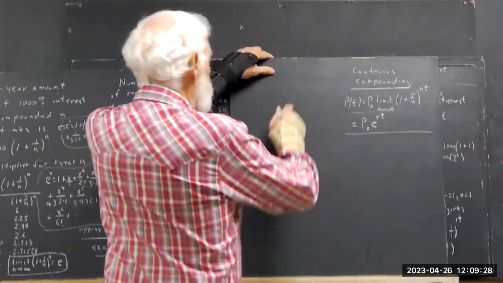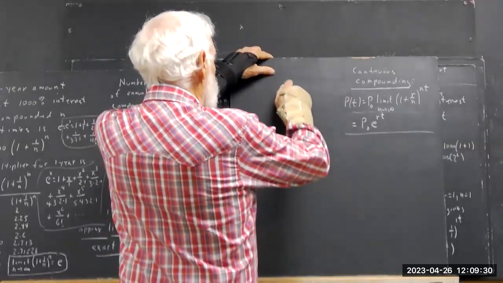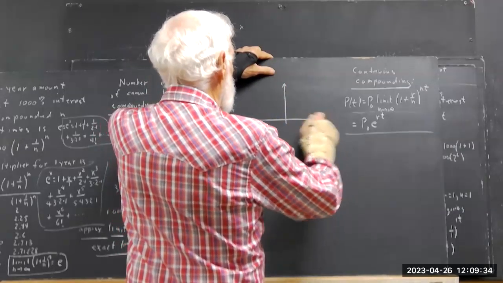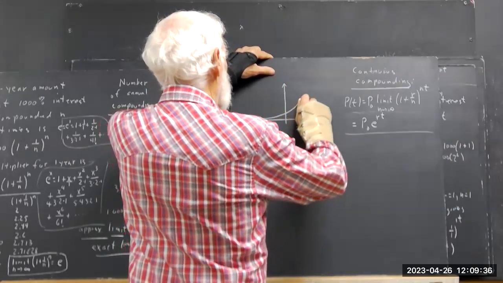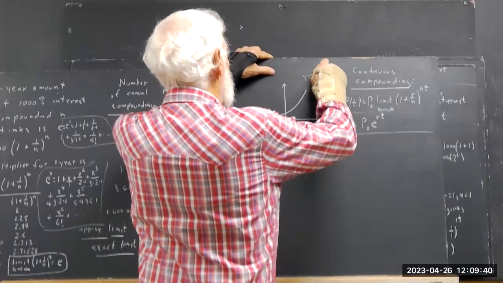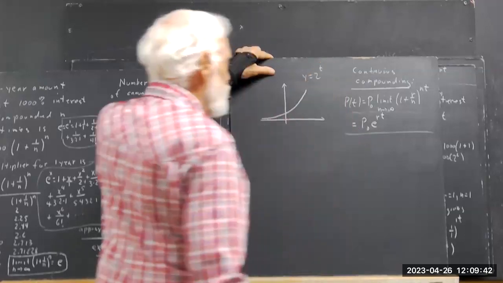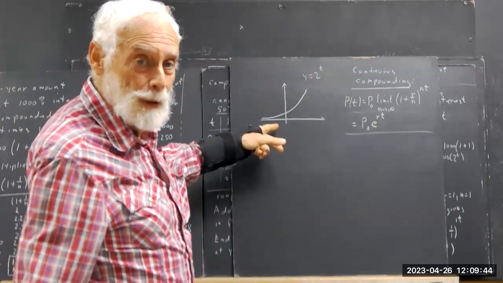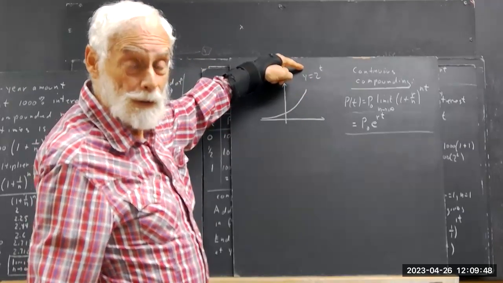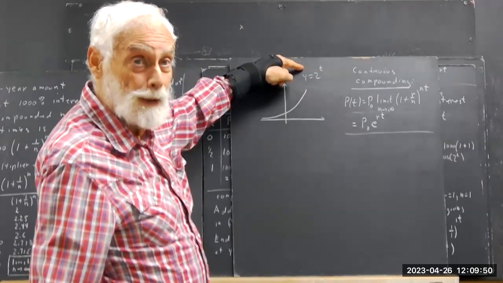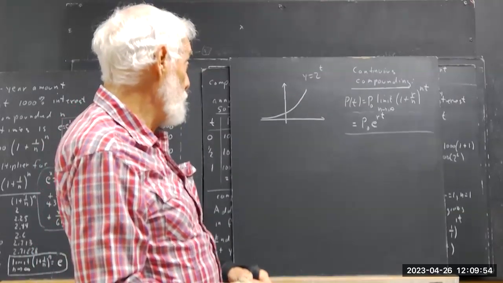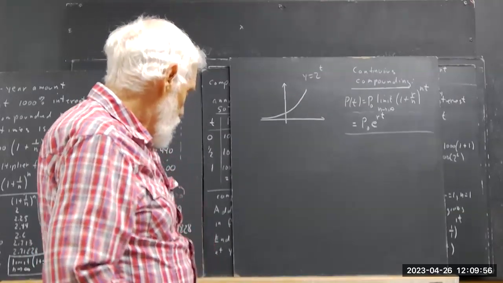One quick connection. The basic toolkit exponential function is y equals 2 to the t. Remember that? Because we did that some time ago, and we'd be pretty good at that.